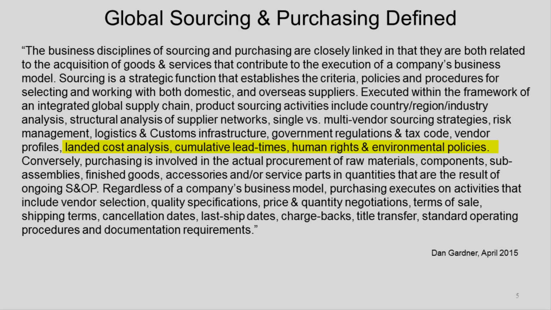That's what they mean when people talk about human rights. And of course, environmental, green policies? Are our vendors polluting their native countries or home countries unbelievably as they make products for us? We have to be responsible for those things as part of a sourcing strategy. Conversely, purchasing, more execution oriented.